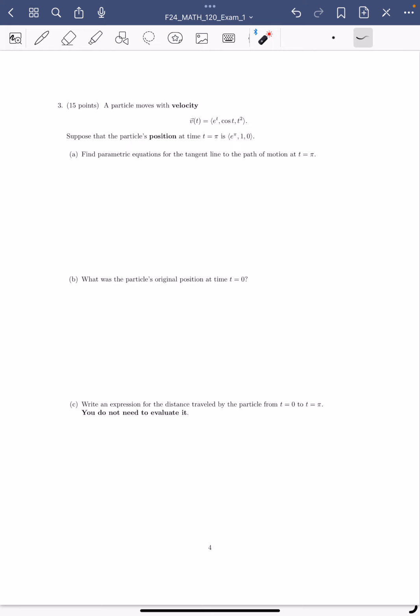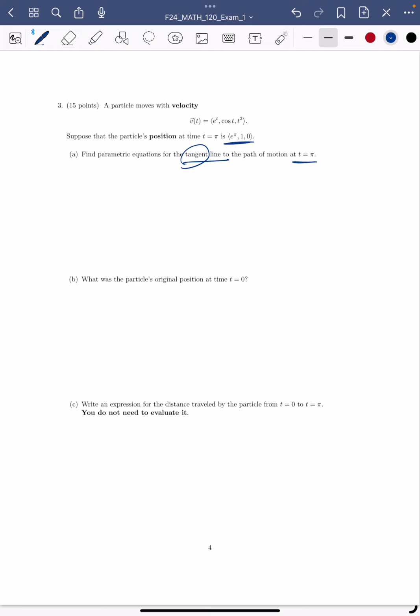Yeah, so we have to find the tangent line that passes through the point of the position when t is pi.